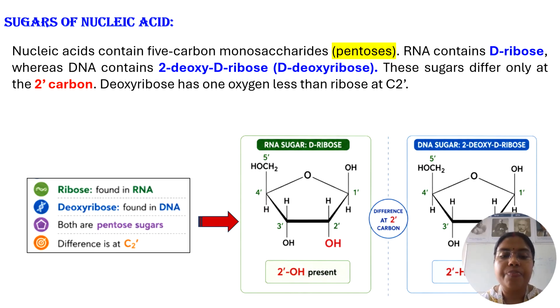For RNA, that is the D-ribose sugar, at both the 2' and 3' positions hydroxyl groups are present. But in the case of DNA, that is 2-deoxy, so the 2' OH is omitted and only at the 3' position the OH is present. So that's why it is deoxyribose and D-ribose.